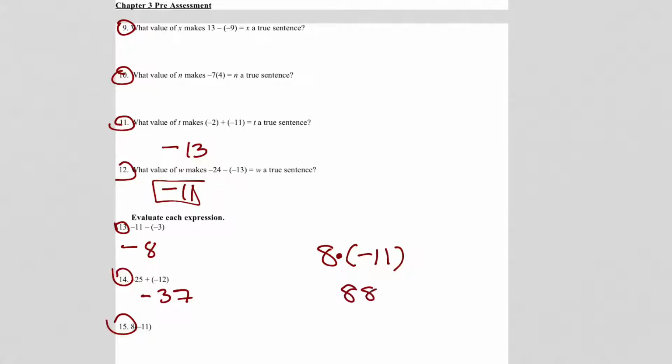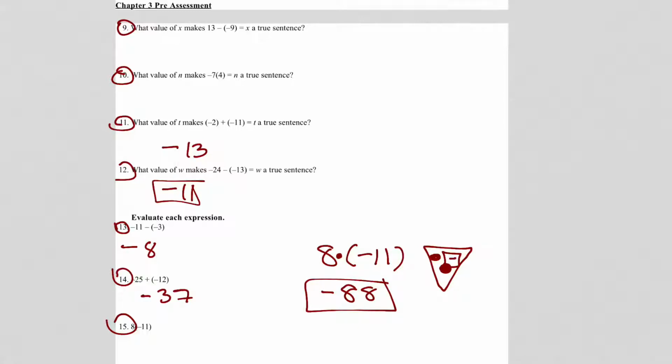And now we need to determine whether this is going to be a positive or a negative answer. Remember, when we multiply and divide, we use a mat triangle. Since 8 is positive, I'll cover the positive. Since 11 is negative, I'll cover the negative. Whatever sign's left over is the sign of your answer, so the answer is negative 88.